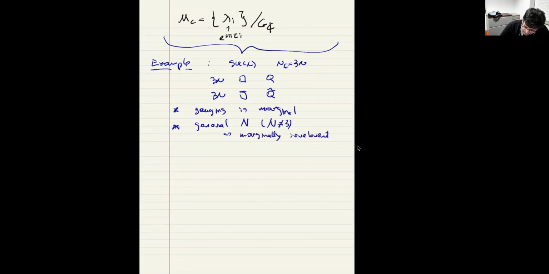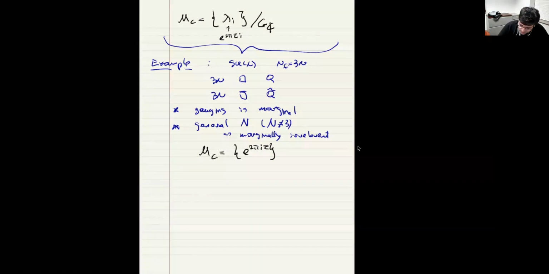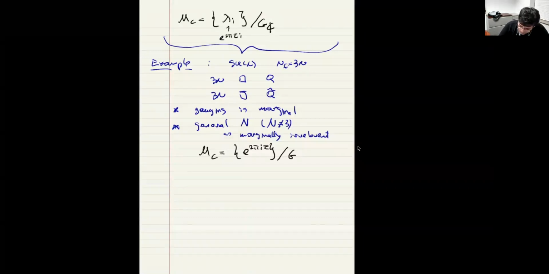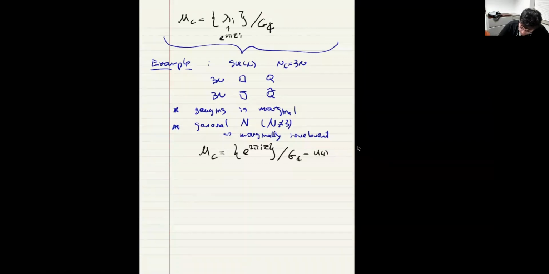The reason it is marginally irrelevant is that when we compute this quotient, in this particular case, the only marginal coupling is the gauge coupling of the SU(N) gauge group. And the symmetry here involves the anomalous symmetry. So this is equal to U(1) anomalous, under which the fundamentals and anti-fundamentals have the same charge, and other symmetries.